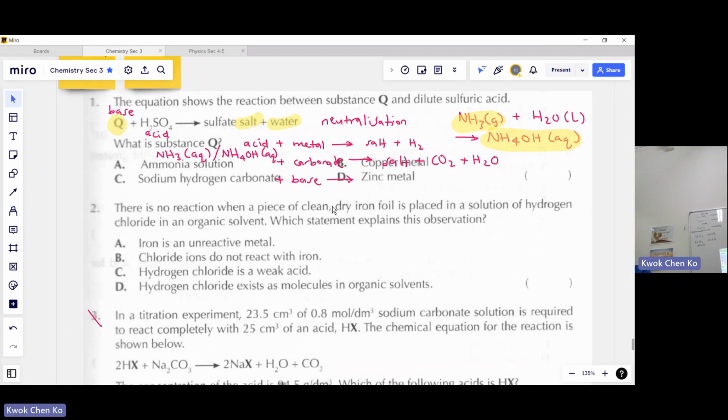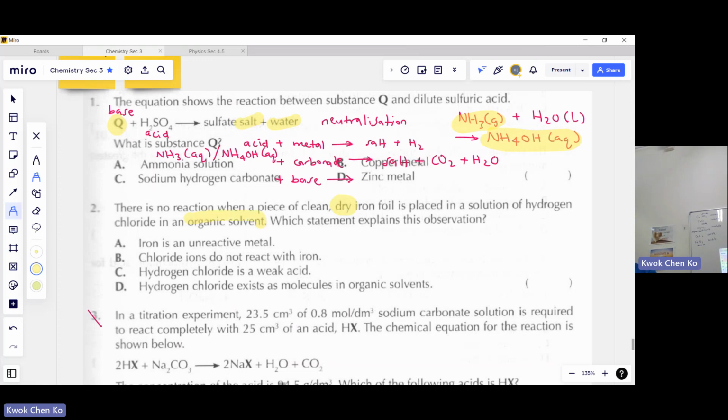Look at number 2. See your answer. D for dog. All right, guys. What are the two keywords? Dry.